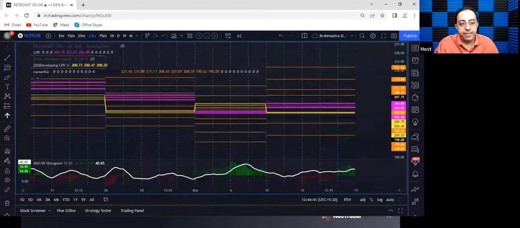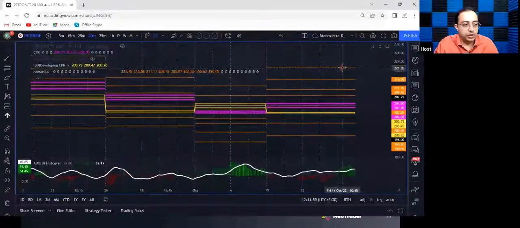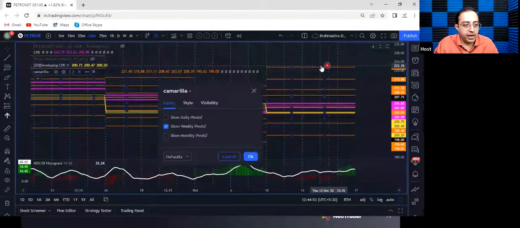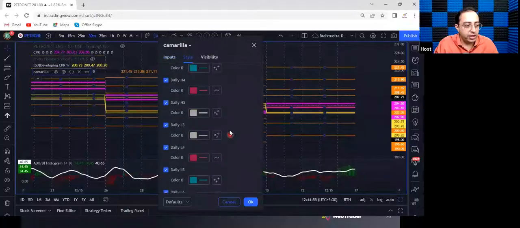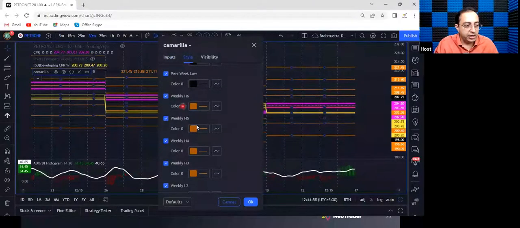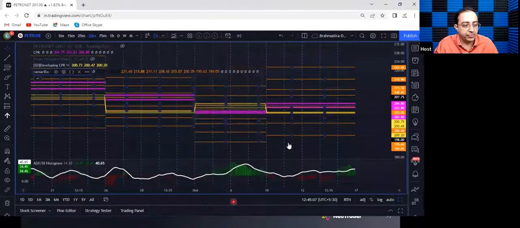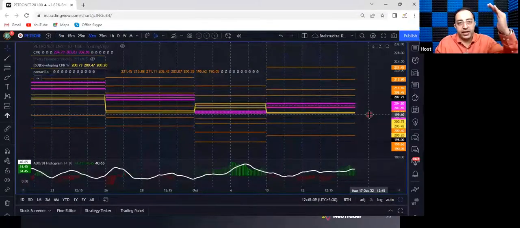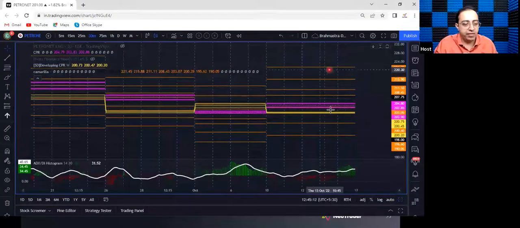Give me a thumbs up. Go here and you can play along with the levels. You can see there is daily and there is weekly. Just go and change the colors to your choice. You'll have your H3, 4, 5, 6 and L3, 4, 5, 6 available here.